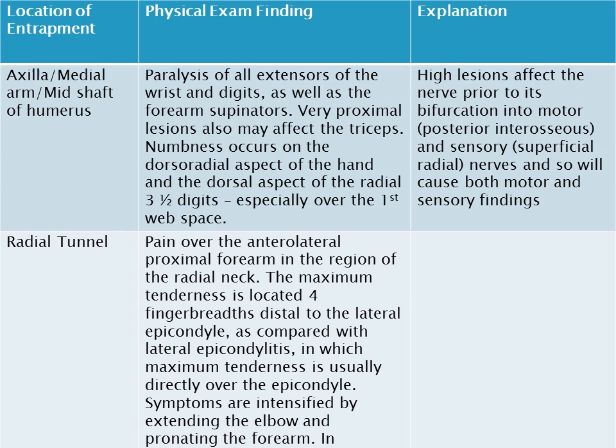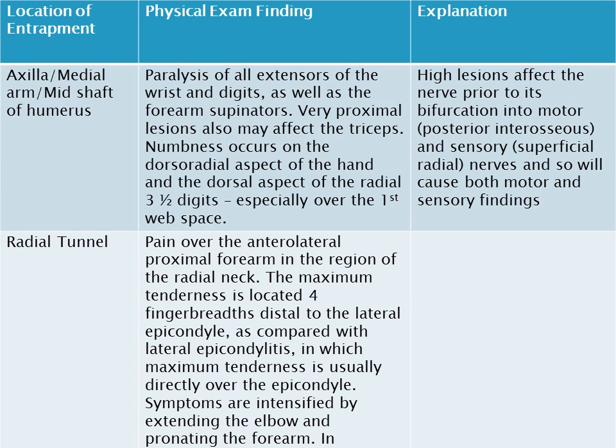So that is the most likely location with a radial nerve lesion where your examinee will report sensory symptoms, especially numbness. And the reason for this distribution of pain and this distribution of loss of motor function is because high radial nerve lesions affect the nerve prior to its bifurcation into motor and sensory branches.